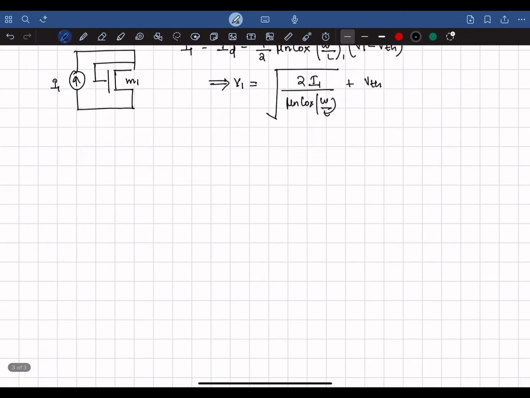Having these two equations in our mind, let's try to see how this circuit will behave. So I'm going to take a diode connected transistor, to which there is a current source connected.